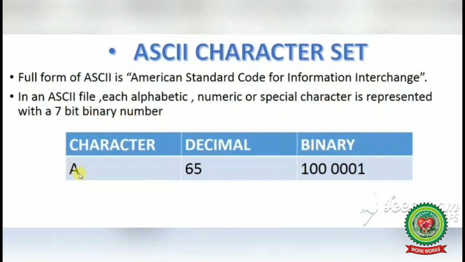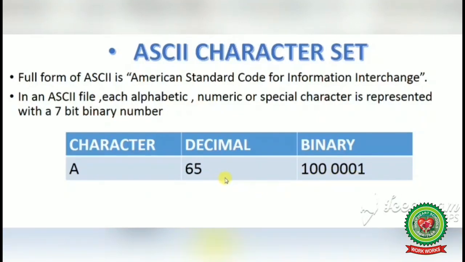Like if we take the character capital A, it has the decimal value 65 in ASCII code and its binary value is 1000001. How many digits are there? 7 digits.